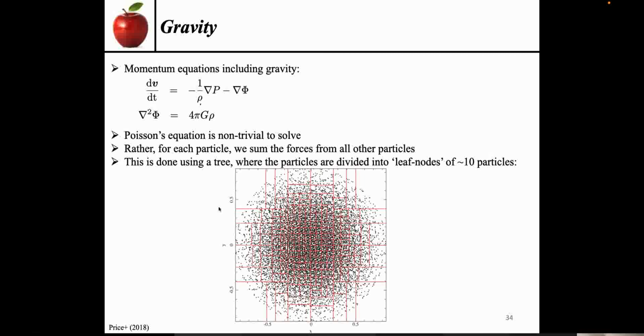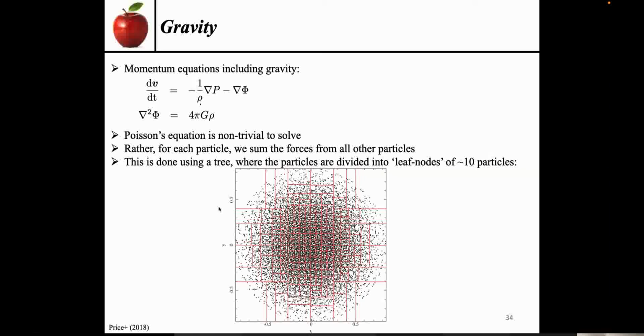But we can be smart about it and use something called a tree. So what these codes typically do, there's different methods of doing it, but one of the methods is you take all your particles and you start breaking it up into cells, or in this terminology, leaves. And you keep breaking them up until each leaf only has about 10 particles in it.